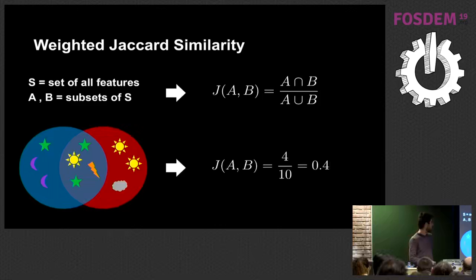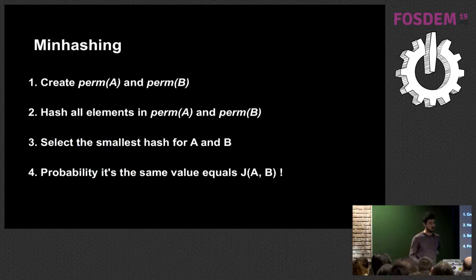We use this because it has a pretty interesting property: if we pick a random permutation over our set of features and apply it to A and B, then hash all the elements that were permuted and select the smallest hash, the min hash, then the probability that these values will be the same is equal to the Jaccard similarity of both snippets.